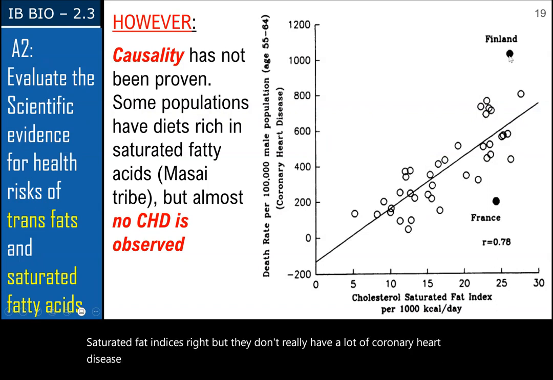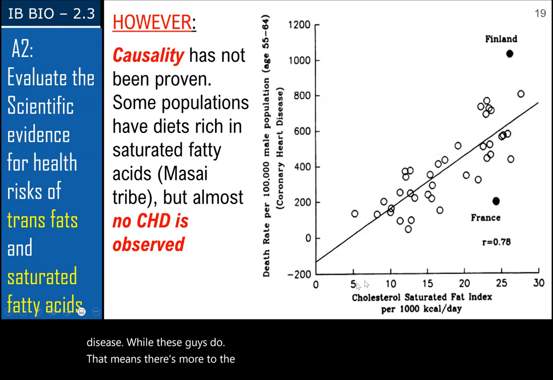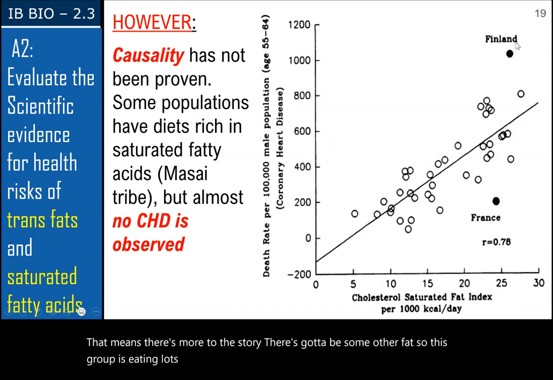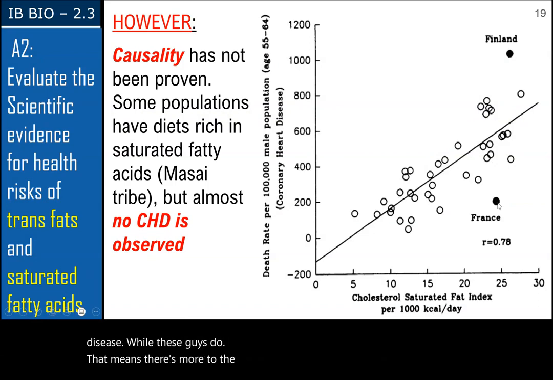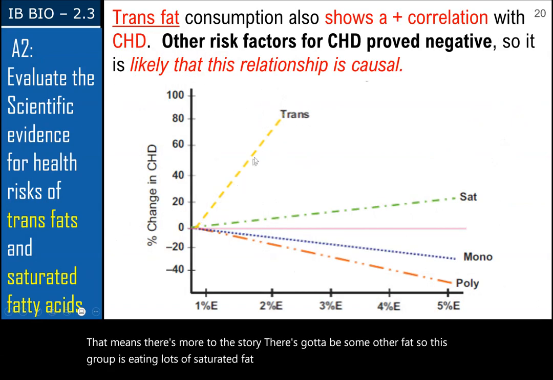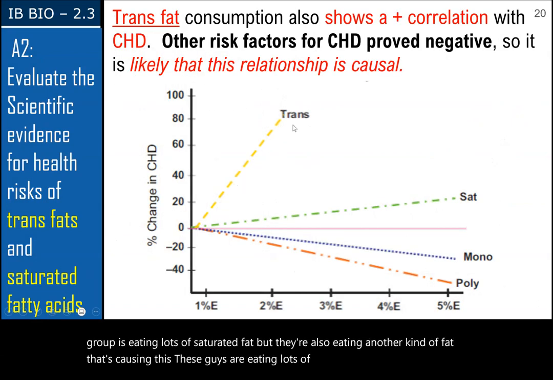Well, these guys do. That means there's more to the story. There's got to be some other fat. So this group is eating lots of saturated fat, but they're also eating another kind of fat that's causing this. These guys are eating lots of saturated fat, but they're not eating that other kind of fat. That other kind of fat is trans fat.